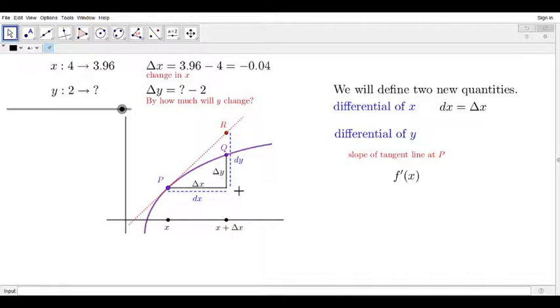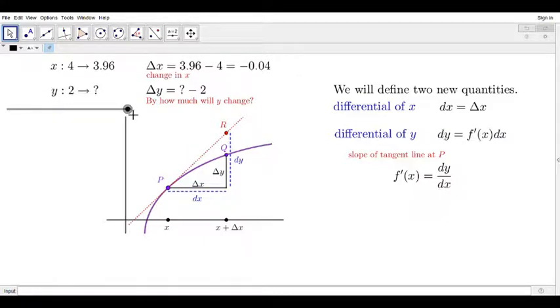The rise or the vertical change is dy, while the run or horizontal change is dx. Therefore, f prime of x is equal to dy over dx. Solving this equation for dy allows us to define the differential of y, which is dy, as f prime of x multiplied by dx.